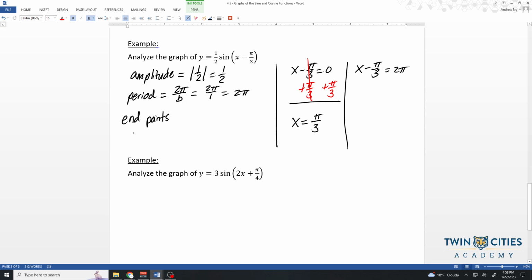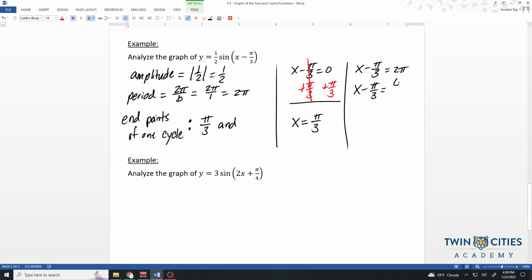These are endpoints of one cycle. That's going to be pi over 3. And let's find the other one. Let's rewrite this. This is the same as saying x minus pi over 3 is equal to 2 pi, in terms of thirds. Well, let's just multiply 2 times 3.